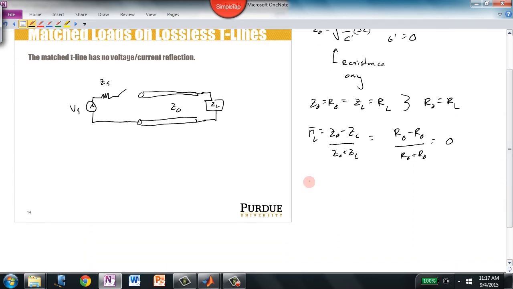We can calculate the VSWR from the formula 1 plus the magnitude of the reflection coefficient over 1 minus the magnitude of the reflection coefficient. And so that's 1 plus 0 over 1 minus 0. So that gives us 1 over 1 is just 1. And what this shows us is that for a matched transmission line and load, under the lossless assumption, there's no reflected wave, and the VSWR is 1, meaning that the voltage is flat along the transmission line.